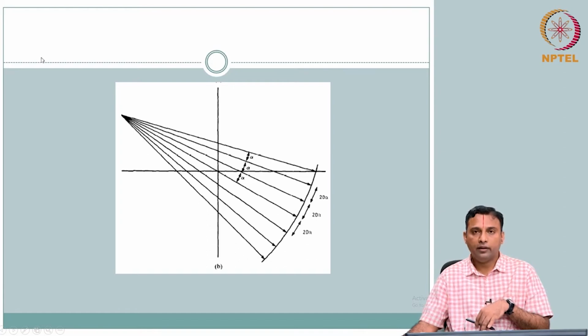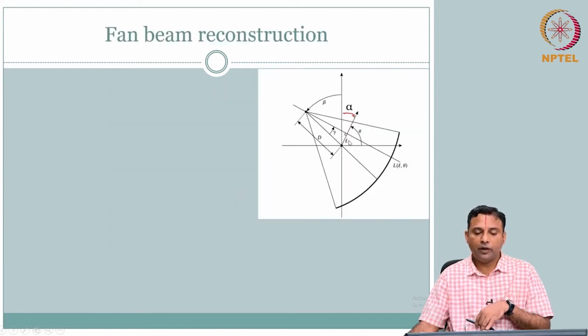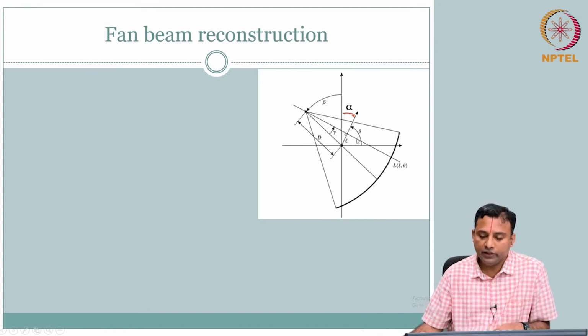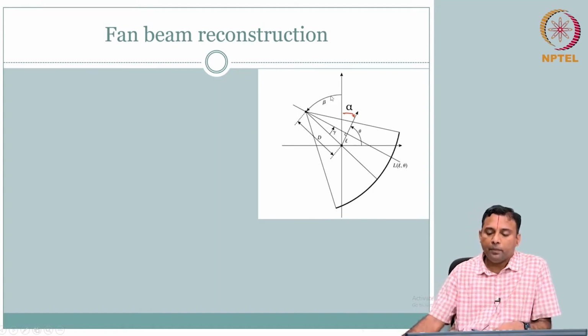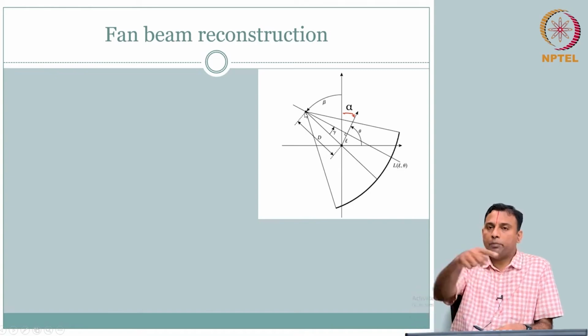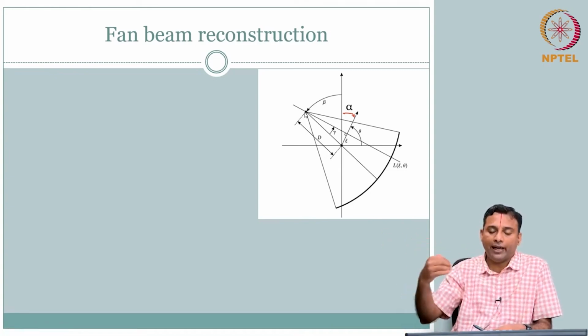If we can define everything with respect to one coordinate system, then we may be able to quickly look at our reconstruction algorithm for parallel ray and make appropriate changes in the geometry. So for the fan beam reconstruction, this is the source. The source is going to move around the patient, so it is going to be at different angles, right? That angle we will call beta.